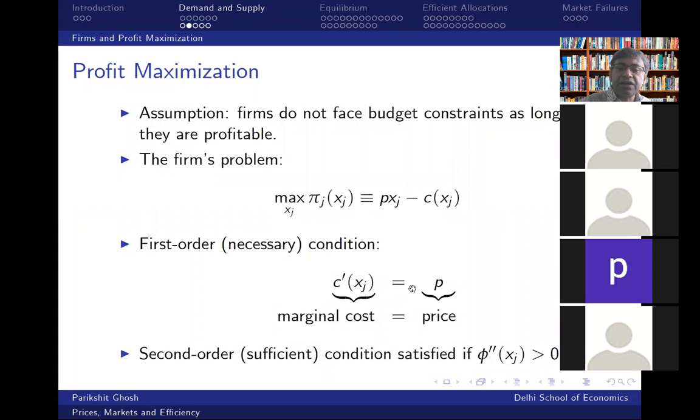And if we, as we should, are worrying about second order conditions, then the second derivative of the profit function has to be negative. And you can easily see that that means the second derivative of the cost function, and specifically the variable cost function, has to be positive. Yes. And this is where that assumption comes in, right?